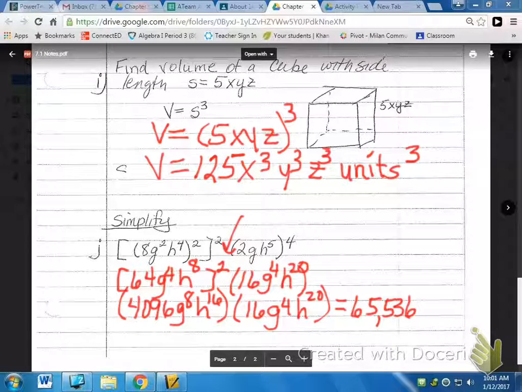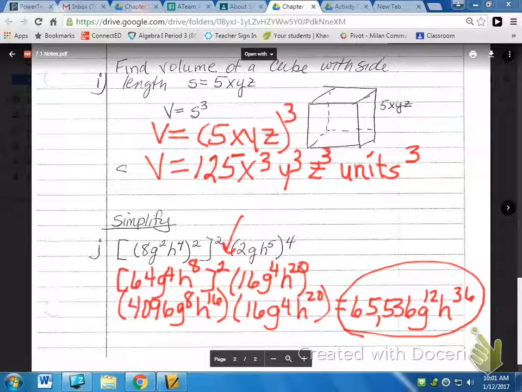Now I'm multiplying with the same base. So it would be g to the 12th, because you're adding exponents now, and h to the 36th. Okay, that answer looks kind of crazy, but I think you've got to be very organized when you're doing this and go a step at a time and don't try to do too much, and I think you'll be fine.